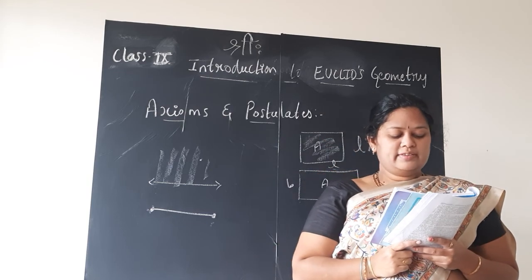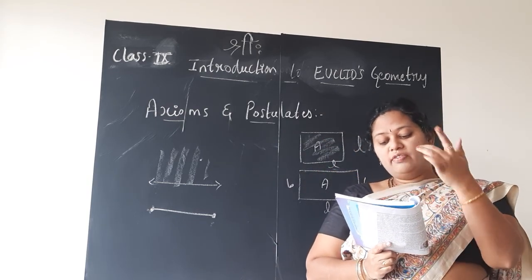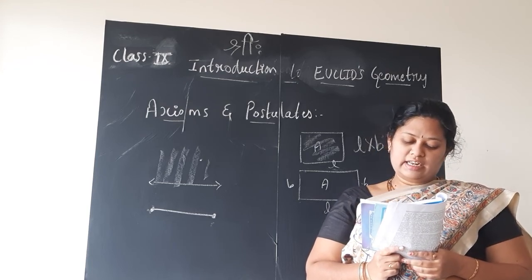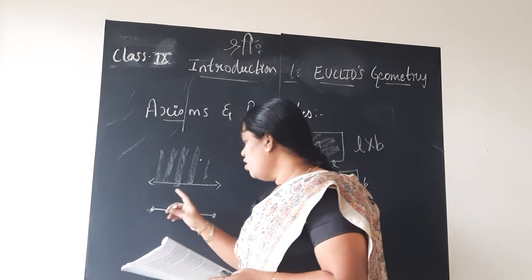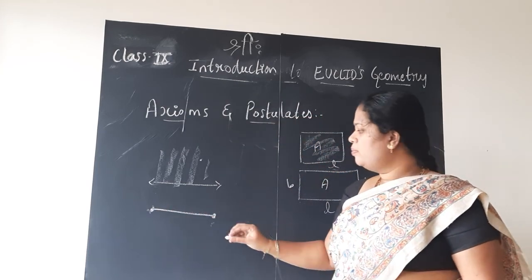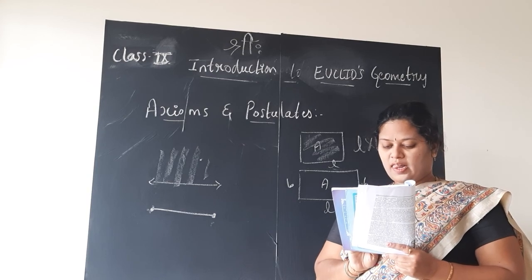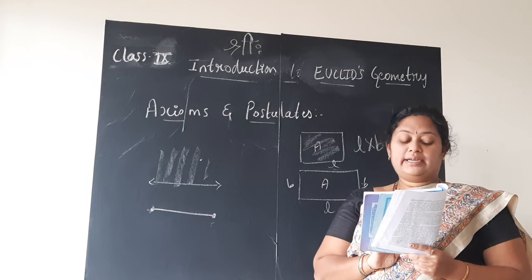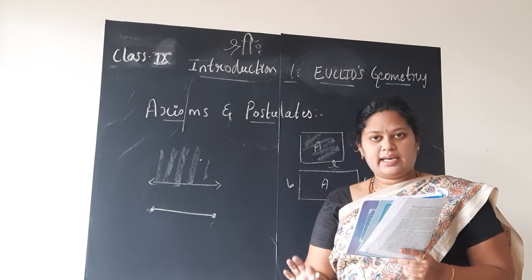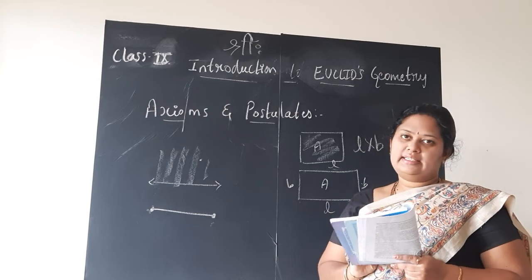A straight line, fourth point is, a straight line is a line which lies evenly with the points on itself.